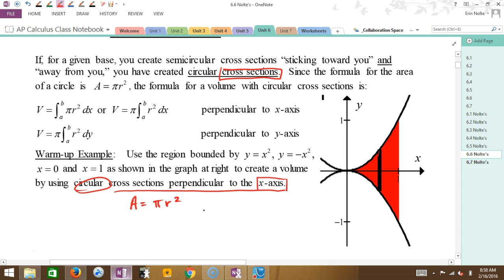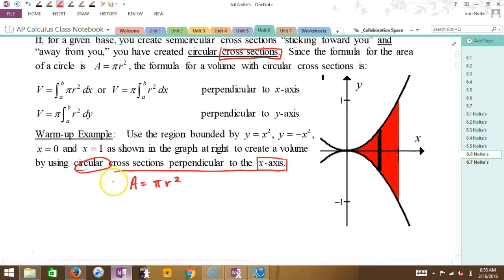Okay, so when we set this up as the integral, the volume is going to be from 0 to 1 of pi, and then my r length is just going to be x squared. And then since my r is squared, I square x squared. And then since we have a function that's in terms of x, it'll be dx. Okay, so this example is a cross section.